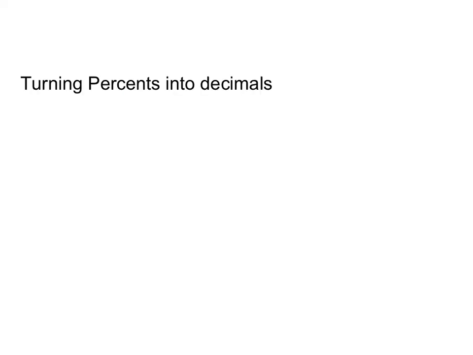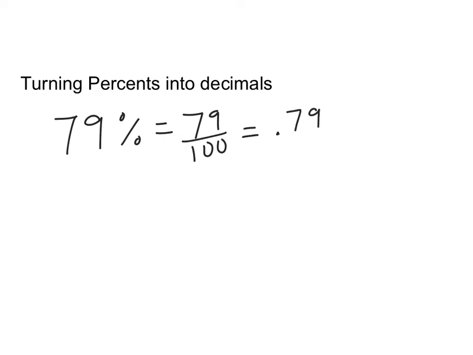All right, so now let's see if we can reverse the process. Let's take some percents and turn them back into decimals. So if we had 79%, well, we know that's equivalent to 79 hundredths, which is the same as 0.79.